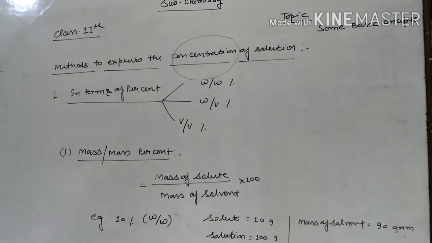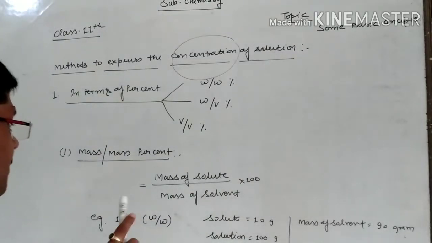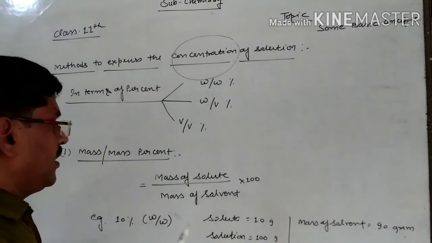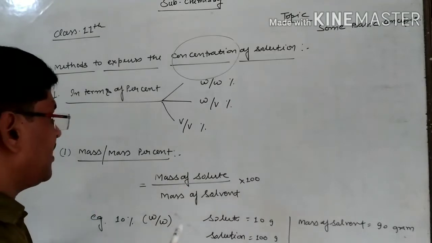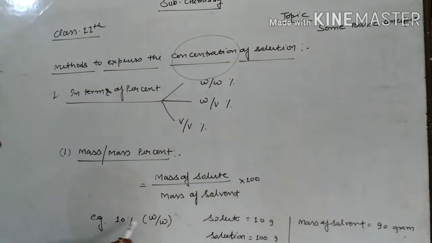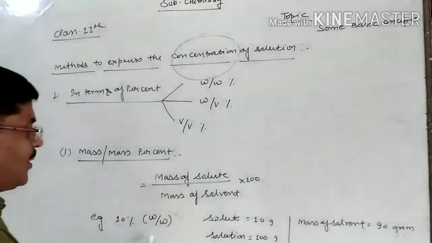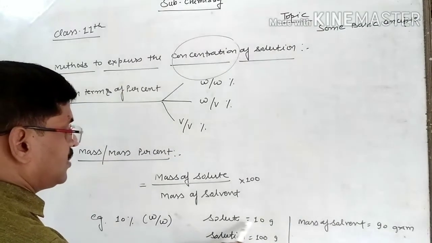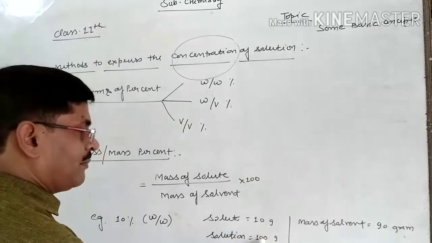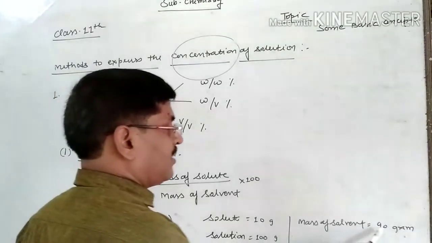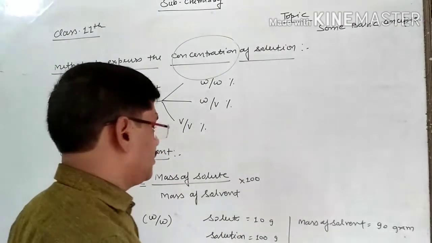You have to subtract the 10 from the 100 gram of solution. So mass of solute in grams present in 100 gram of solution is the representation of concentration in terms of percentage, known as W by W. As in the example, 10% W by W indicates mass of solute 10 gram present in 100 gram solution, so mass of solvent will be 90 gram.